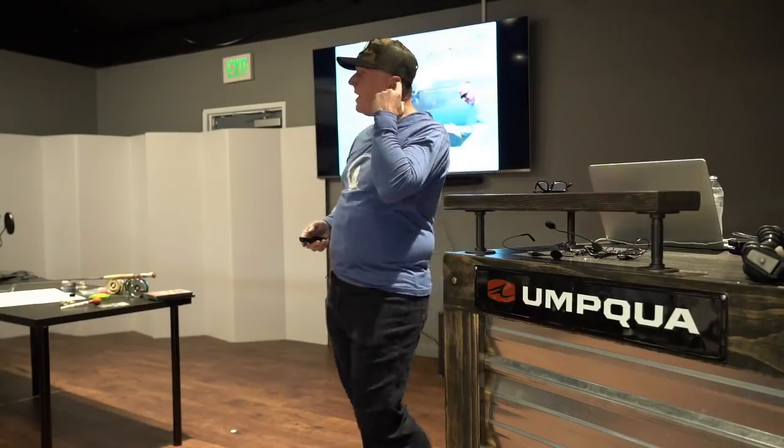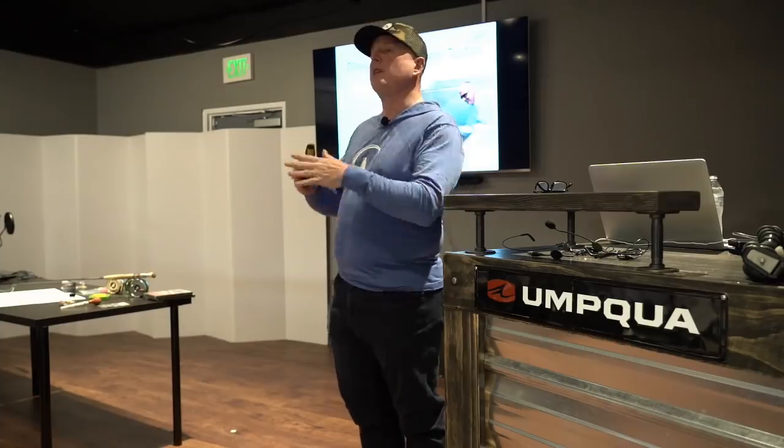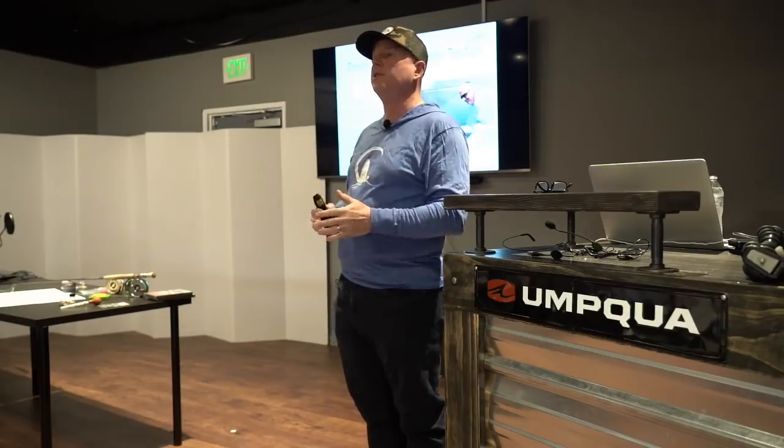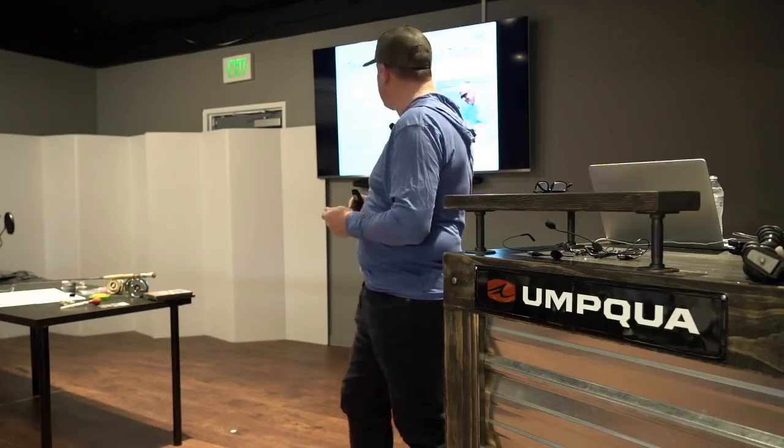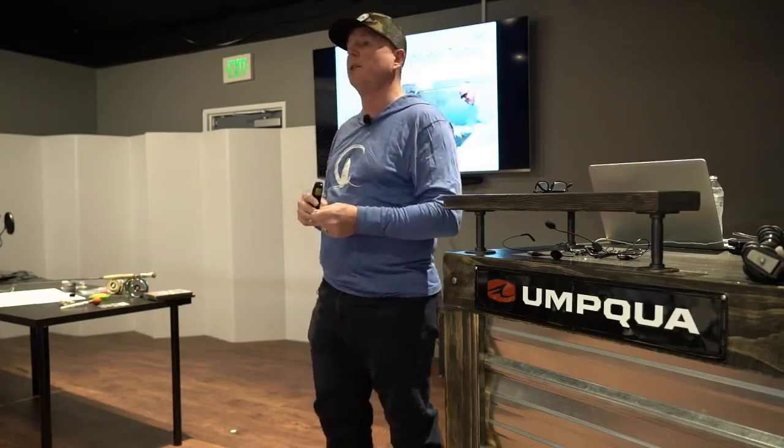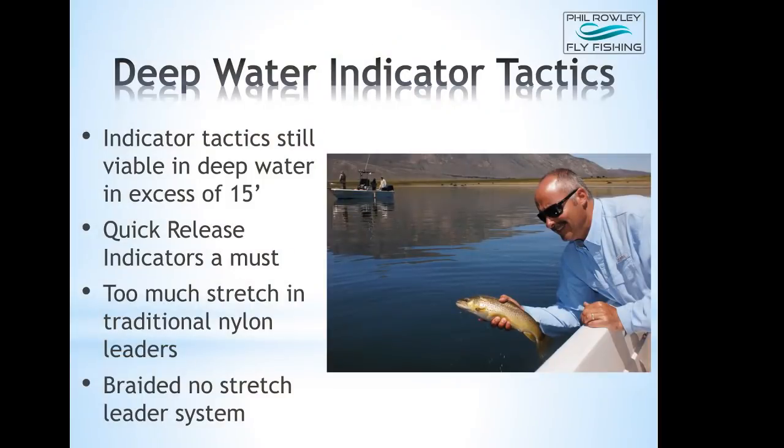One of the things you find with indicator systems, as you get longer and longer leaders, is that nylon stretches. So I learned this method from Ernie Gully, a great guide on Rowley in California. And on that lake, the fish feed on chironomids quite deep. We were fishing that day 18, 19, 20 feet below the indicator. When you have a nylon-based leader system with a quick release indicator, when you set the hook, those indicators work on tension.